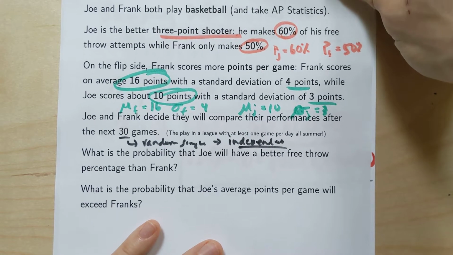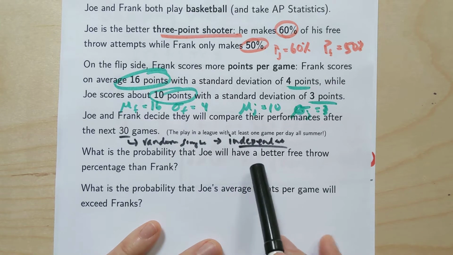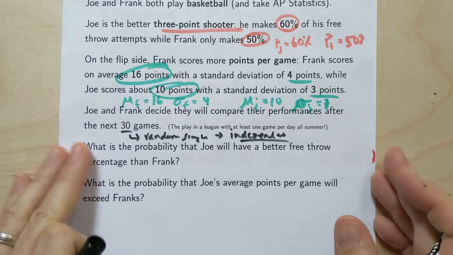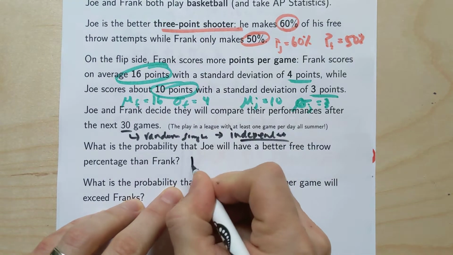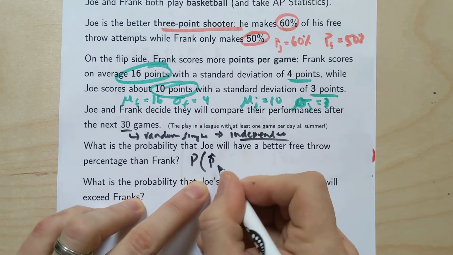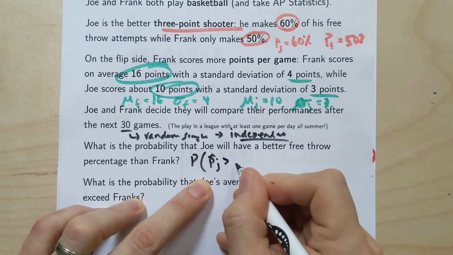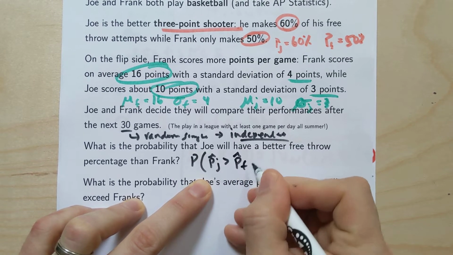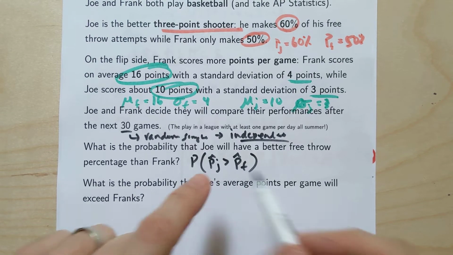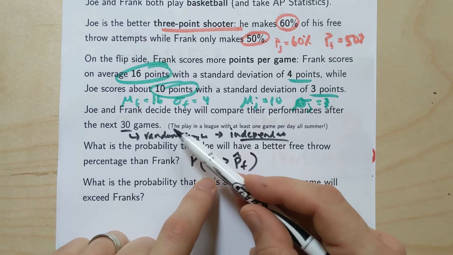So, all right, let's first think about this first problem. What is the probability that Joe will have a better free throw percentage than Frank? Well, if Joe has a better free throw percentage, then we're trying to look at the probability that p-hat_J is greater than p-hat_F. In other words, the p-hats represent just how they happen to do in this random sample of 30 games.